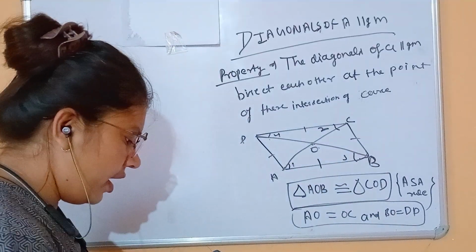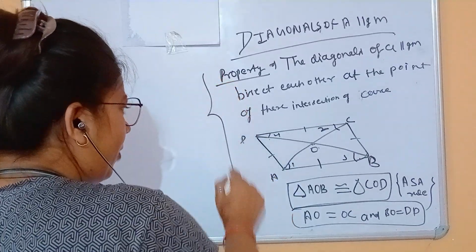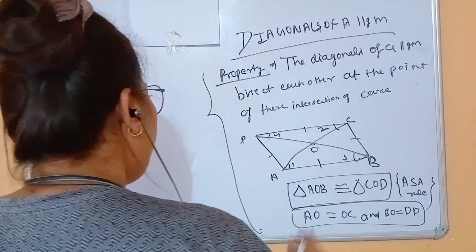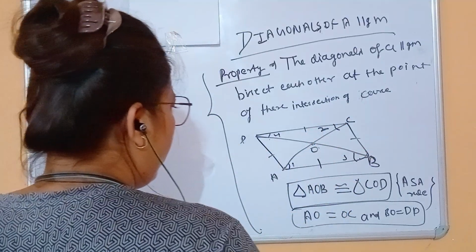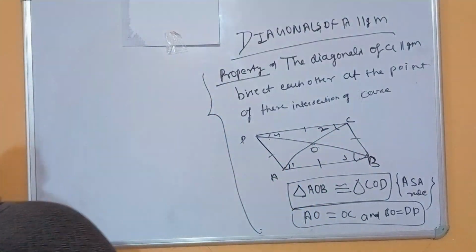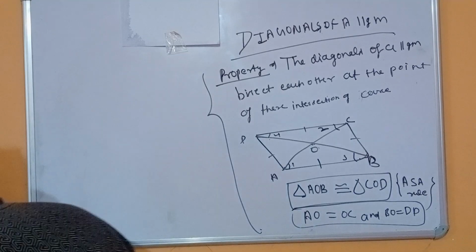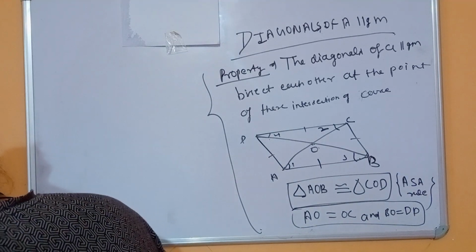So what we wrote here, now we apply the property in the next question. So we easily understand AO is equal to OC and OB is equal to OD, the property of parallelogram. So first you write, then we understand what the question is.